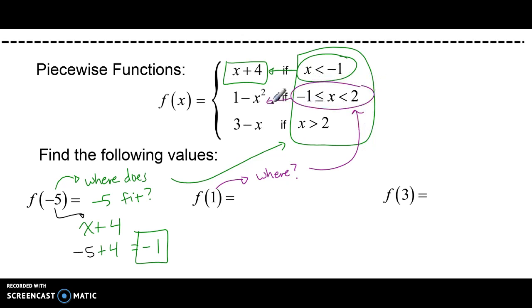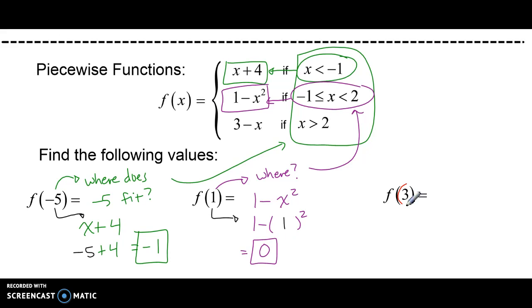So for this one, we're going to be plugging into 1 minus x squared. And if you plug a 1 in there, you're going to be doing 1 minus 1 squared. So let's see, 1 squared is 1, 1 minus 1, we get 0. And don't panic if you get 0. That's not a bizarre answer. That doesn't mean something's wrong. It's a number just like any other number. It's a perfectly acceptable answer.